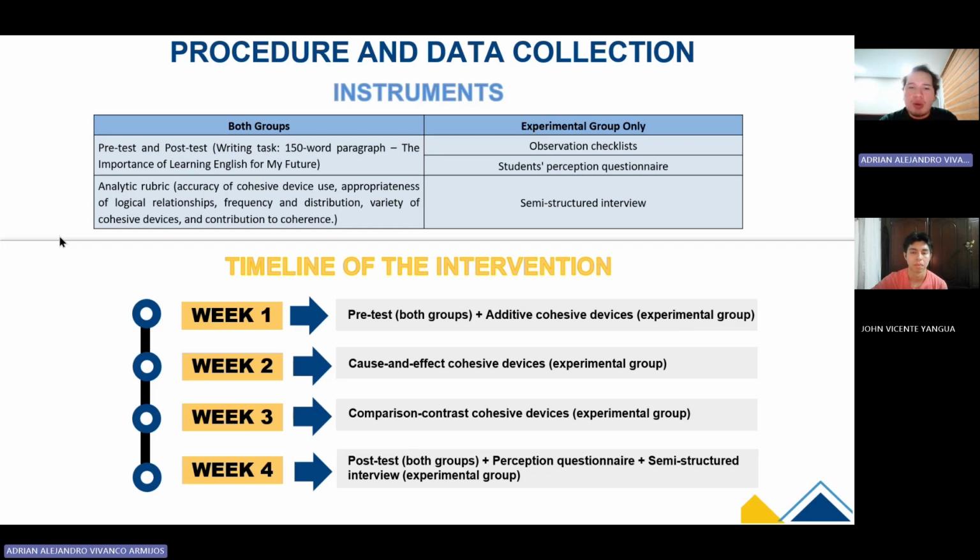Ultimately, once all the instruments had been administered, the quantitative and qualitative data were organized, tabulated, analyzed, and triangulated to answer the three research questions of the study. The findings were later presented and interpreted in Chapter 3, from which the conclusions and pedagogical recommendations of the study were derived.